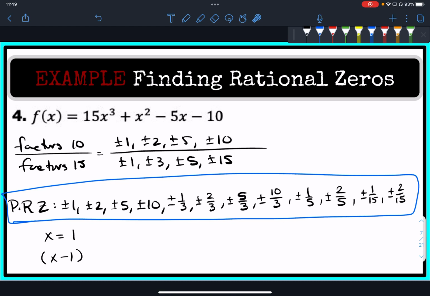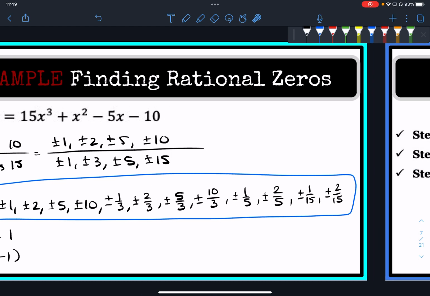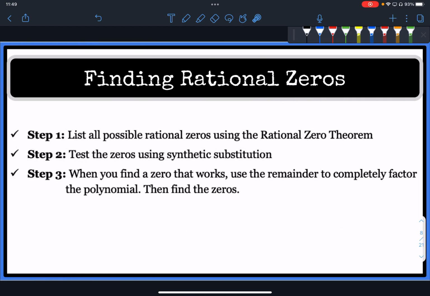So let me go through the steps on how we actually find the rational zeros. First, we list all of the possible rational zeros using the rational zero theorem. We then test these numbers using synthetic substitution. When we find a zero that works, we use the remaining factor to completely factor the polynomial and find the zeros of those factors.